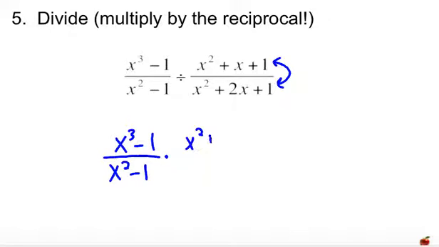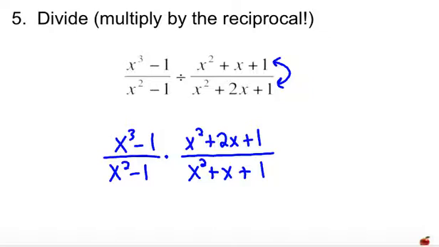So x squared plus 2x plus 1, and x squared plus x plus 1. Now this is just like number 4. We're going to factor and simplify, cancel what we can. In our first numerator, we have x cubed minus 1 cubed. So this is a difference of cubes, one of those short factor, long factor.